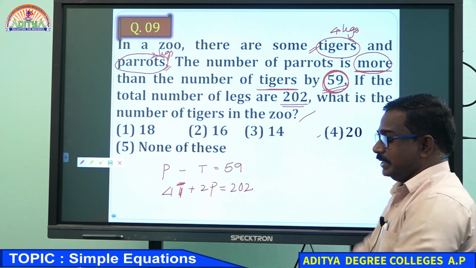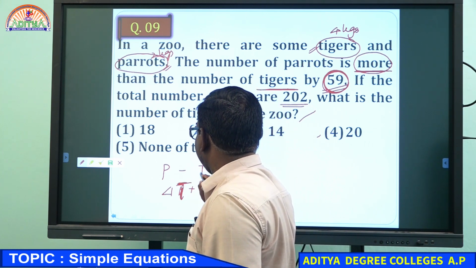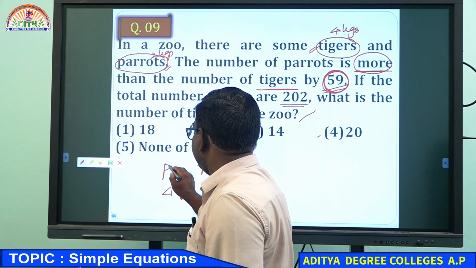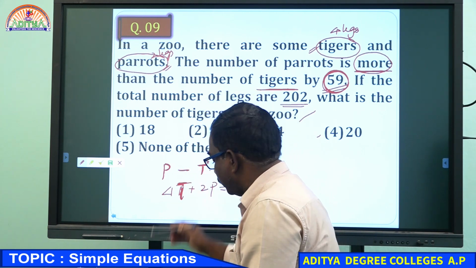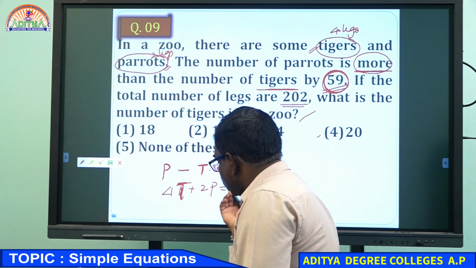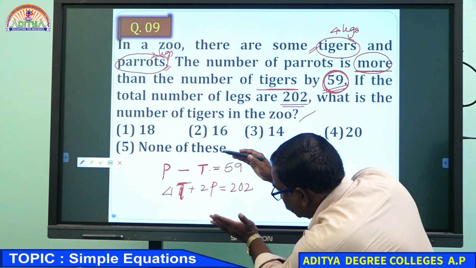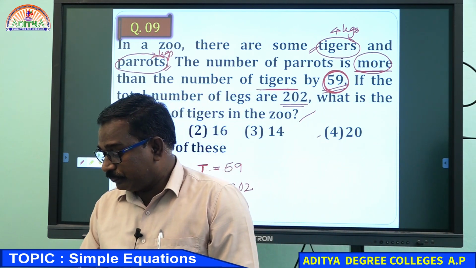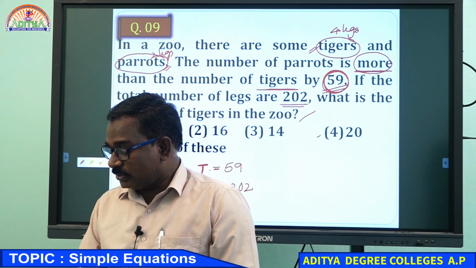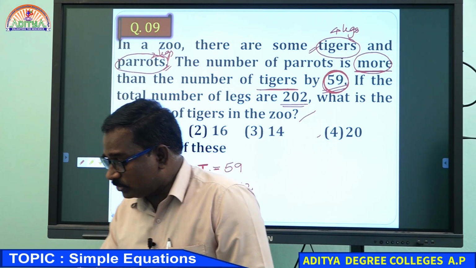Those two are the equations: the difference of tiger and parrot is 59, and 4t plus 2p equals 202. By solving these two, you will get the answer. If equation solving is more important to you, then you can solve it.